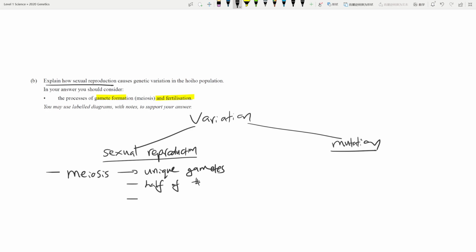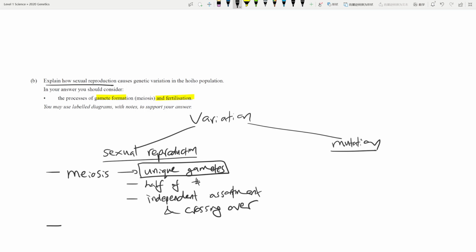They are all unique because during meiosis you have independent assortment, or random assortment, depending on what textbooks you read, and crossing over, which means that the alleles swap bits and pieces of information, and then they produce genetically unique gametes. The gametes are unique because they all contain half of the chromosomes, and because of the way they are produced, independent assortment and crossing over happen.